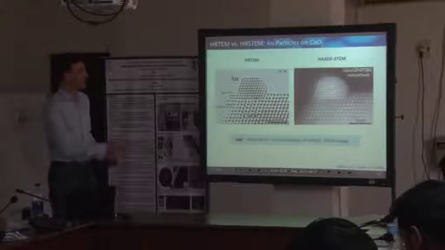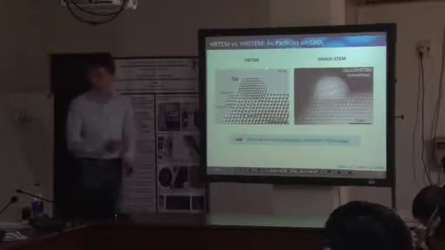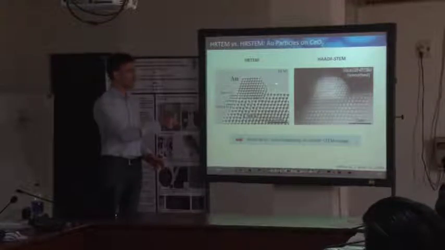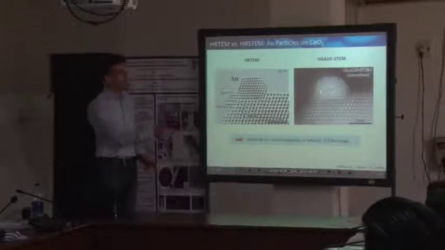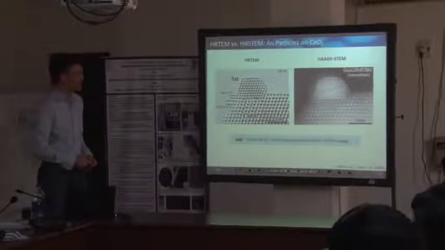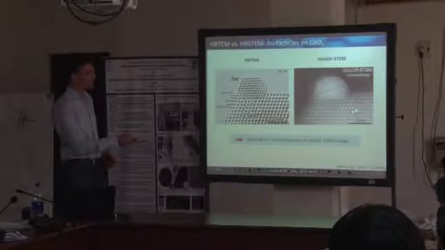This is another example that shows the direct correlation between an HRTEM image, which is non-corrected in this particular case because we directly see these delocalization effects, and the corresponding HR STEM image, so high resolution STEM image. There is even some contrast between this gold and the cerium oxide.